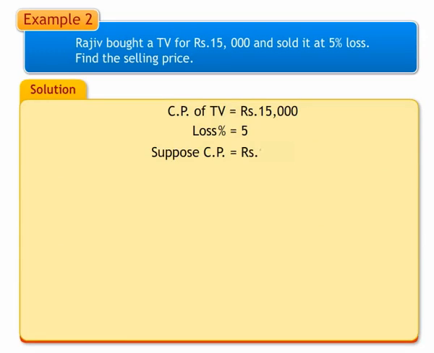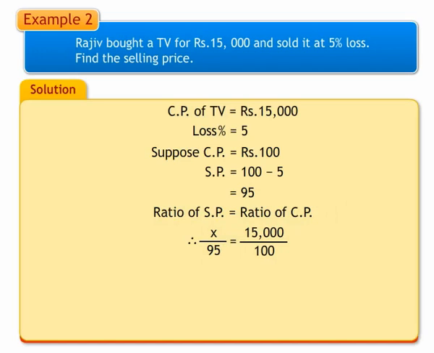Suppose cost price is rupees 100, the selling price will be 100 minus 5, which is 95. If selling price of TV is X, ratio of selling price is equal to ratio of cost price. Therefore, X upon 95 is equal to 15,000 upon 100. Therefore, X is equal to 15,000 upon 100 into 95.